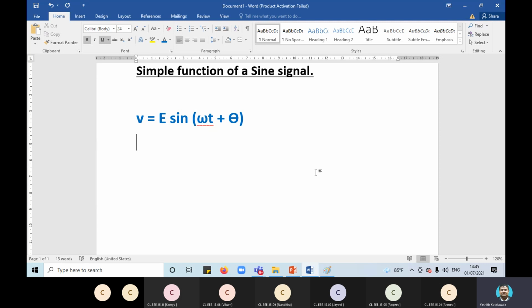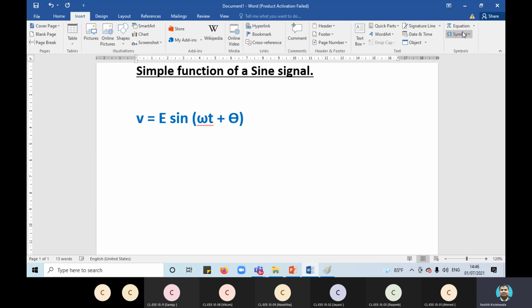In this case, omega is angular frequency. I'll explain omega, give me a little time. First, let's be clear with what omega is. Omega is angular velocity.